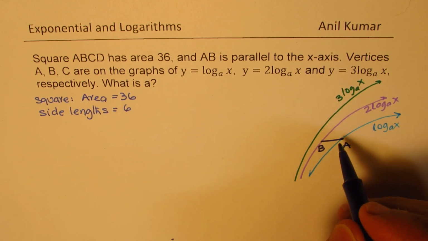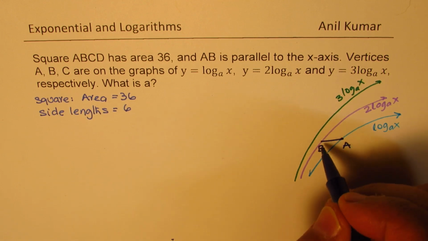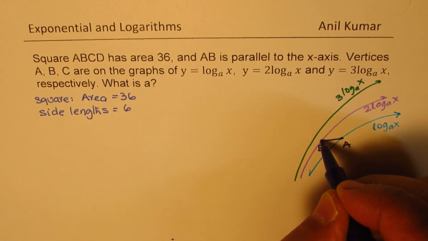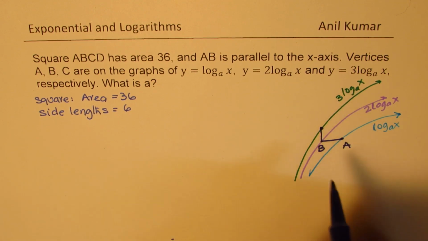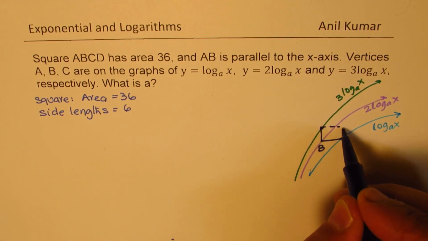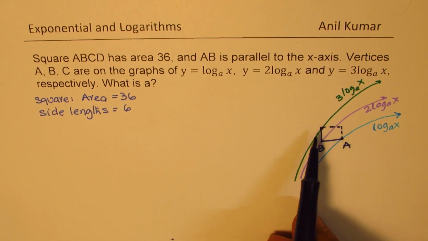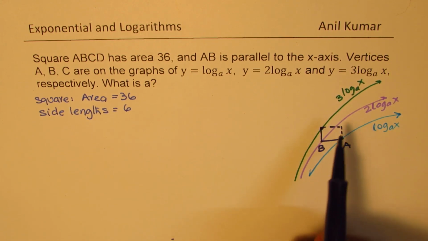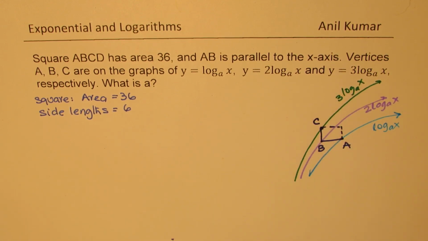So what we exactly know is that the side is 6 units. From here we can go 6 units up, and it is going to touch this particular graph, and then we can complete our square. So we can form a square with 6 units in this fashion, where the point C lies on the graph of 3 log a x.